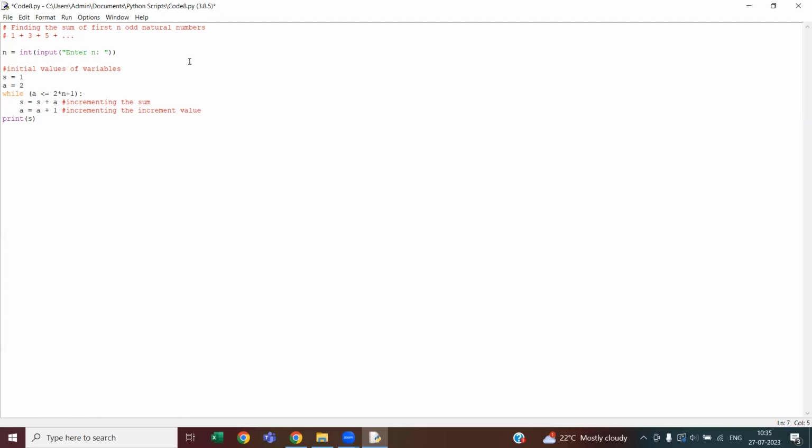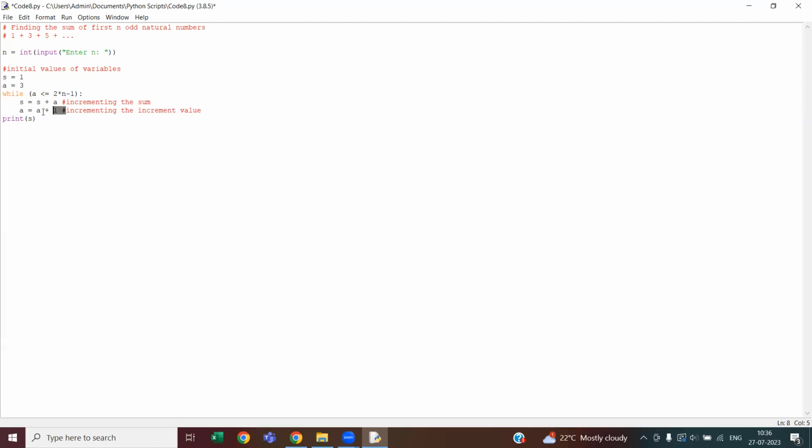In the previous video, if you remember, we took f equals 1 because we knew that the first term is going to be 1. And then we put a equals 2 because we knew that the next term that we are going to add is 2. But over here, our first term is 1, so therefore we'll take f equals 1. But we also know that the next term that we are going to add is 3, so we start with a equals 3.